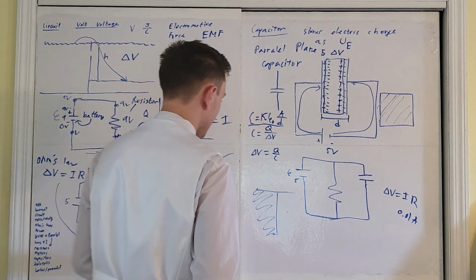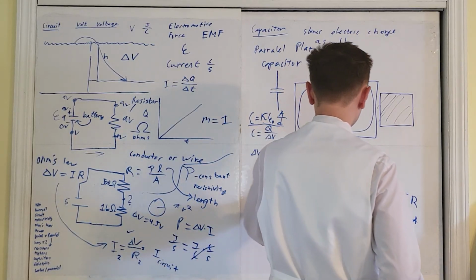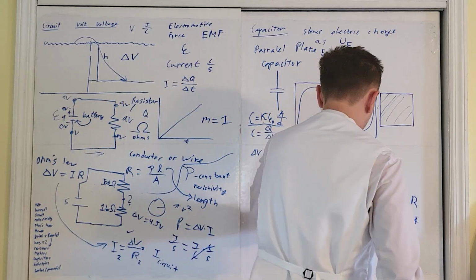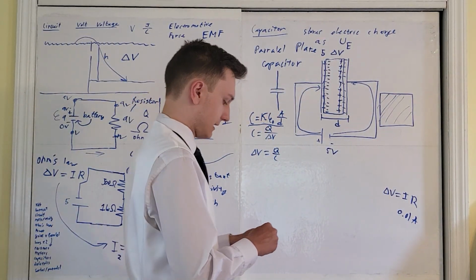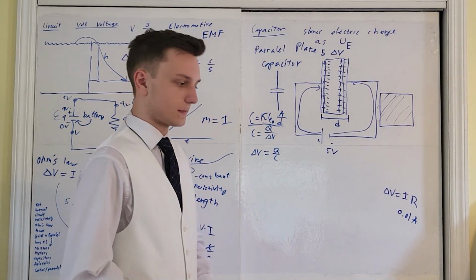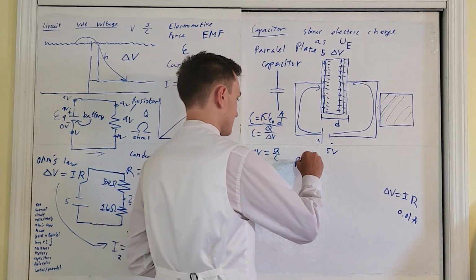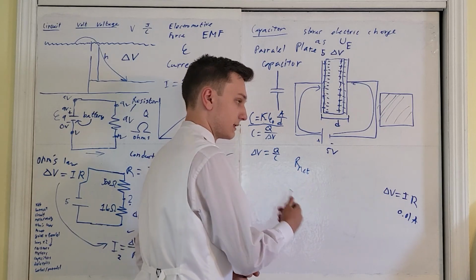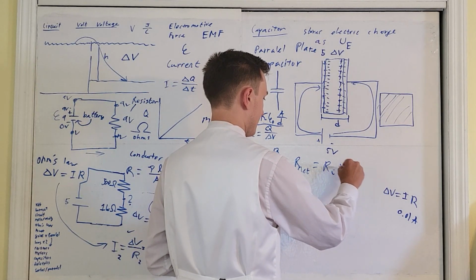Okay? The remaining equations you have on your reference table to define capacitors are to define capacitors in series and parallel. Those equations are the exact same equations as the series and parallel equations for resistors, however flipped. For resistors in series, the net resistance is just the sum of the resistances.